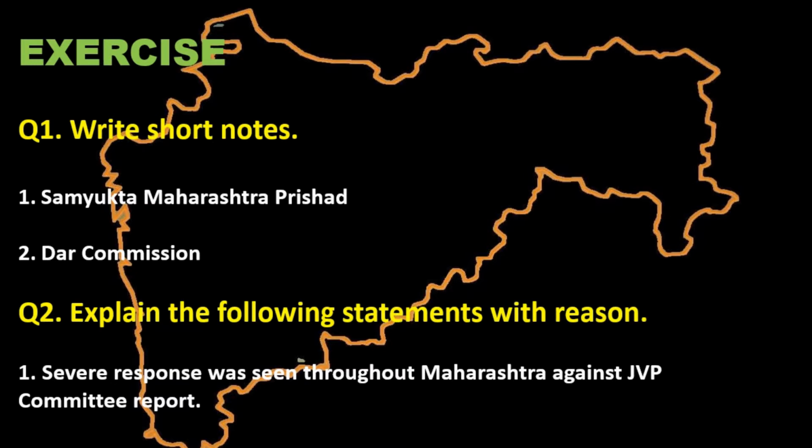Second, the report suggested that Congress accepted the concept of linguistic state in principle, but the time was not proper for it. And the last point is, due to this, severe response of people was seen throughout Maharashtra against the JVP Committee report.